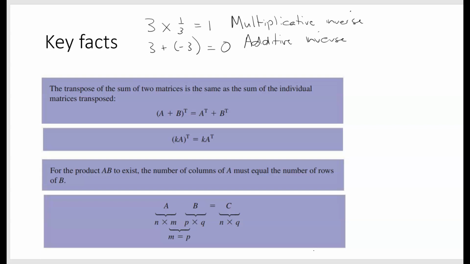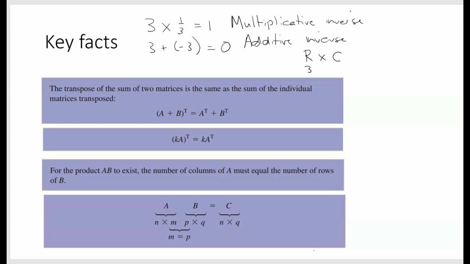There are some rules about transposes. All of these things are on my MyMathLab, but transpose is where you swap the rows for the columns. Every matrix is written or described as row by column.